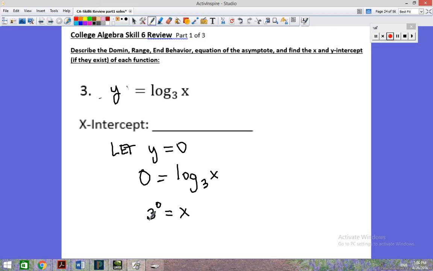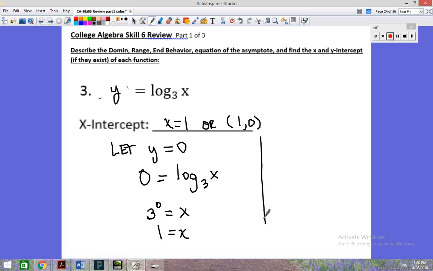By definition, my laws of exponents, sometimes they'll call them laws of exponents or properties of exponents, 3 to the 0 is equal to 1. So this graph is crossing the x-axis at 1, or if you're plotting the point, you put a dot at (1, 0).